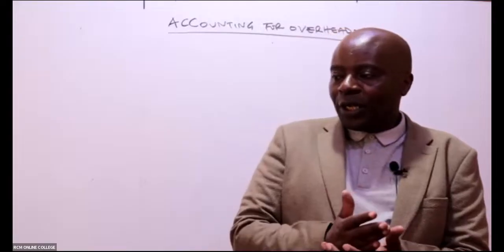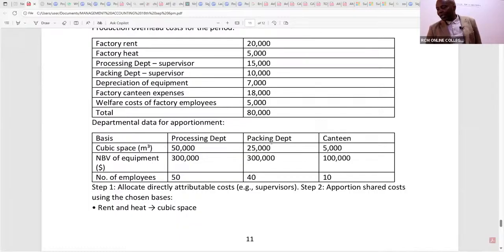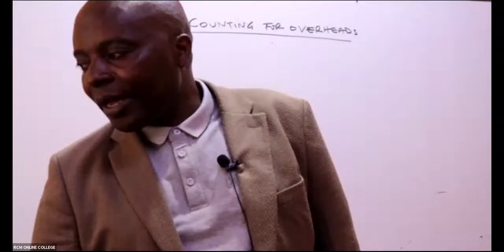So like in this question that we have here this afternoon, they have given us the departments. You can see we have a processing department, we have packaging department, we have a canteen. So the very first thing that we shall do here is an overhead analysis schedule.